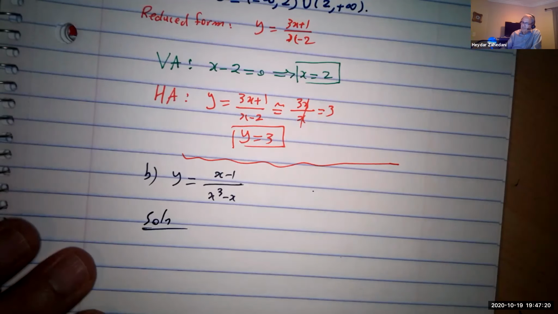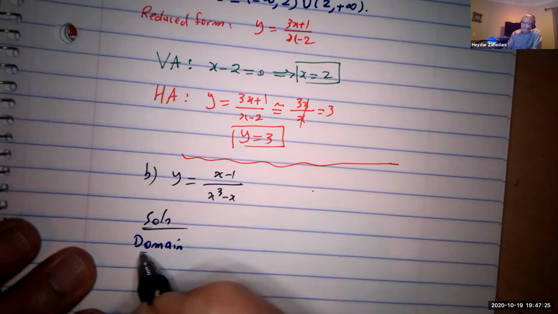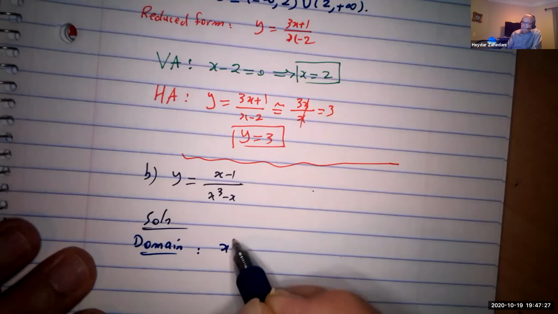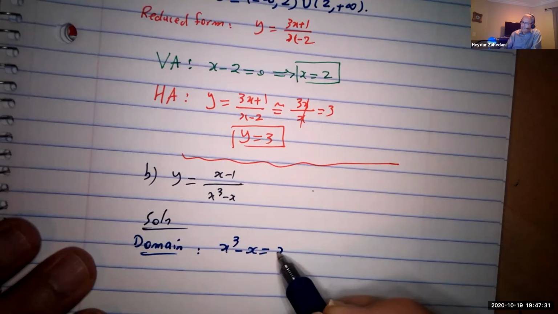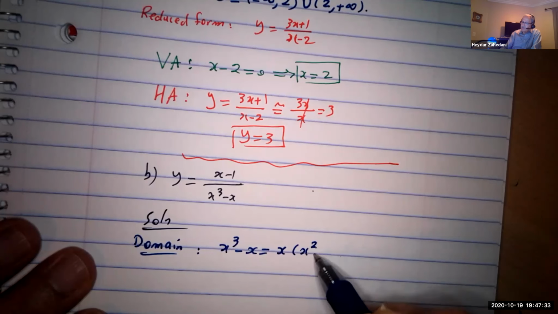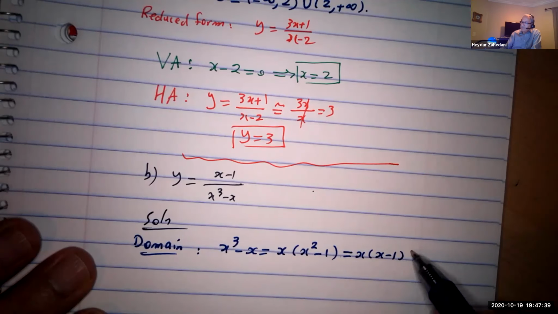we go with the first part, the domain. Okay, I'm going to factor this one separately, x cubed minus x. You know that the common factor would be x. So that gives us x squared minus 1. Then you have to factor it again. So that gives x times x minus 1 times x plus 1. Now you know that.